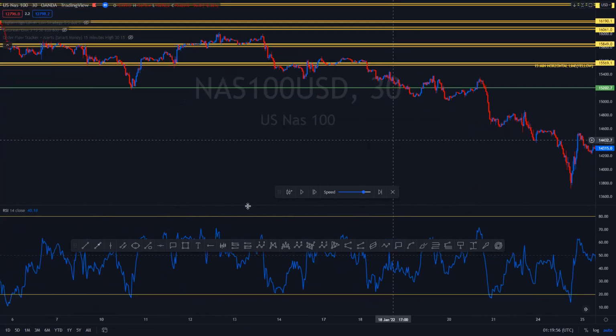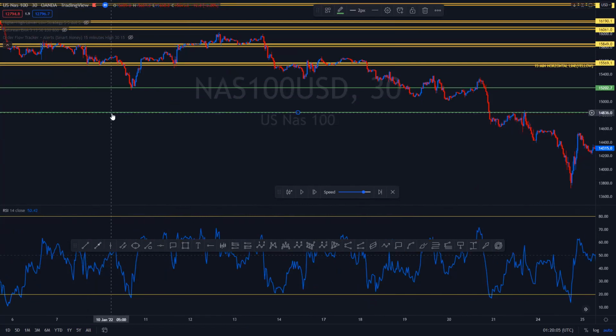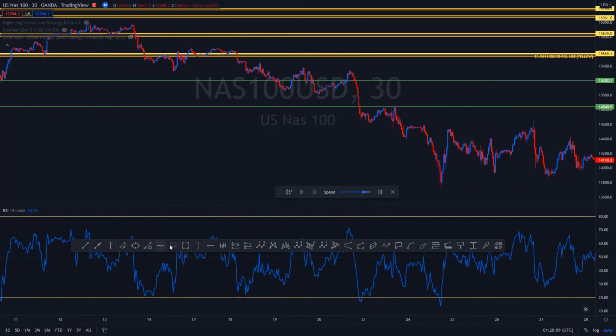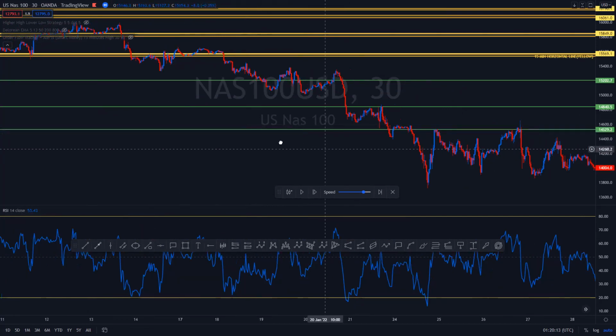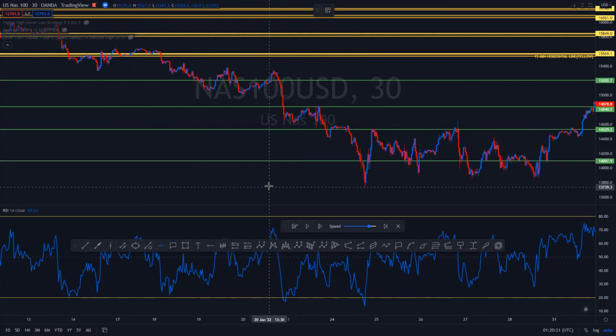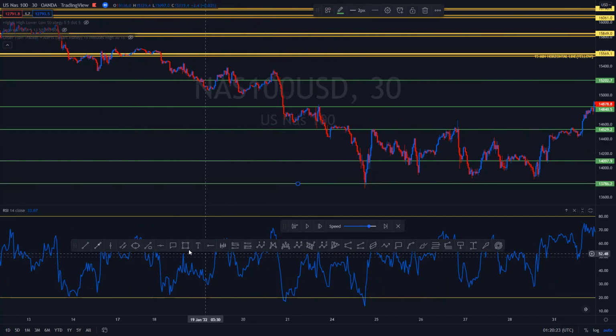So that's a good level. And then you have one here as well. One there. And the final one down here. And I'm going to draw zones for that.